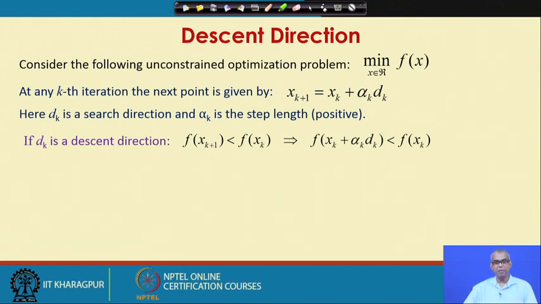That means, if d_k is the descent direction and you are moving along that direction, the function value will decrease.